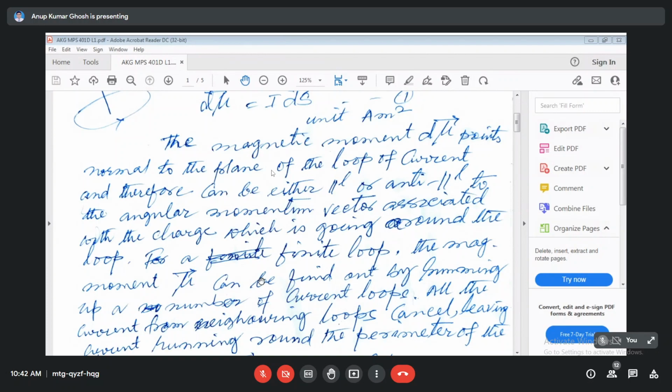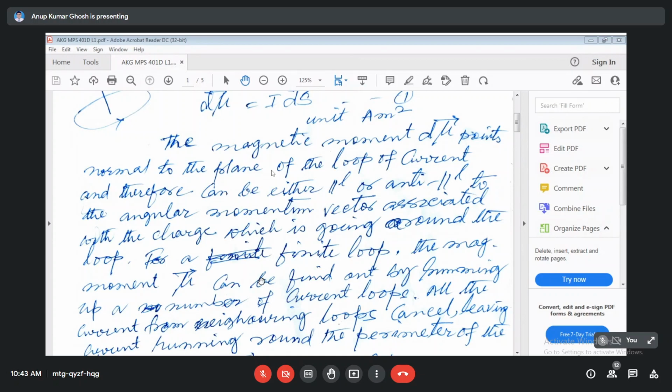If a charged particle flows, current will be produced, and if it is a closed loop, the current will produce a magnetic field, perpendicular to the magnetic sheet, and the magnetic moment will be perpendicular to the area of that closed path.